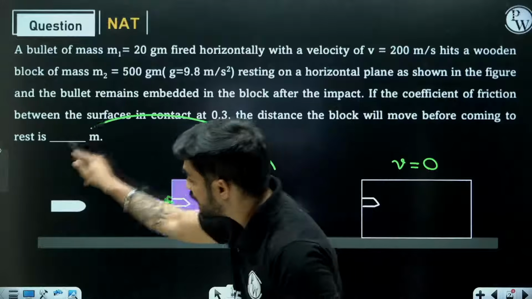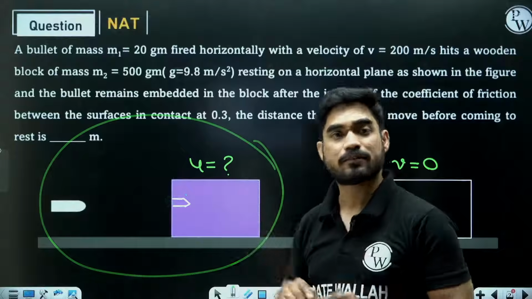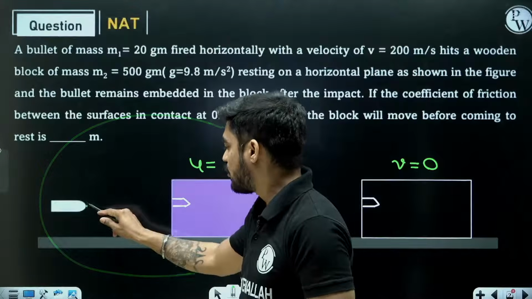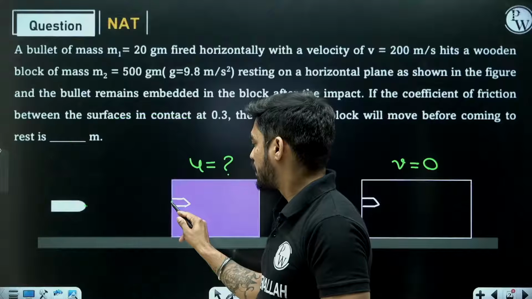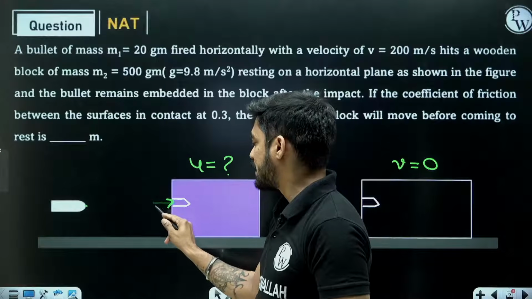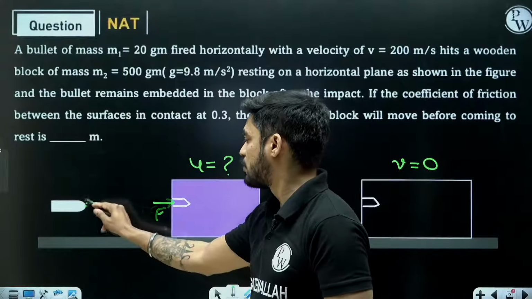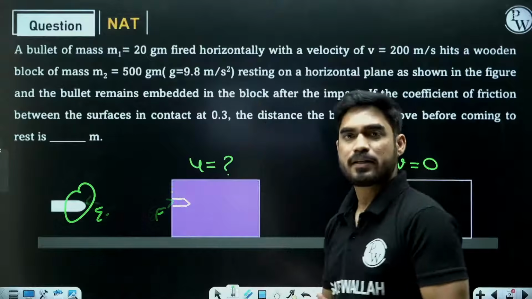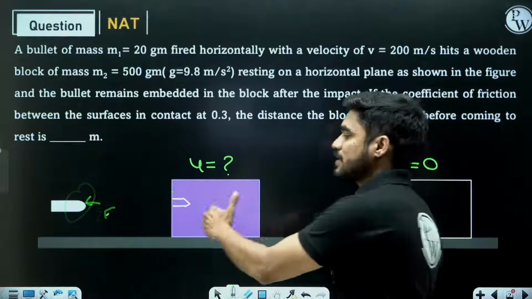But what if I consider bullet and block together? In that case, the forces acting on the bullet and the block will cancel each other, right? The net force will become 0. Whatever force the bullet is applying on the block, equal and opposite force the block is applying on the bullet.